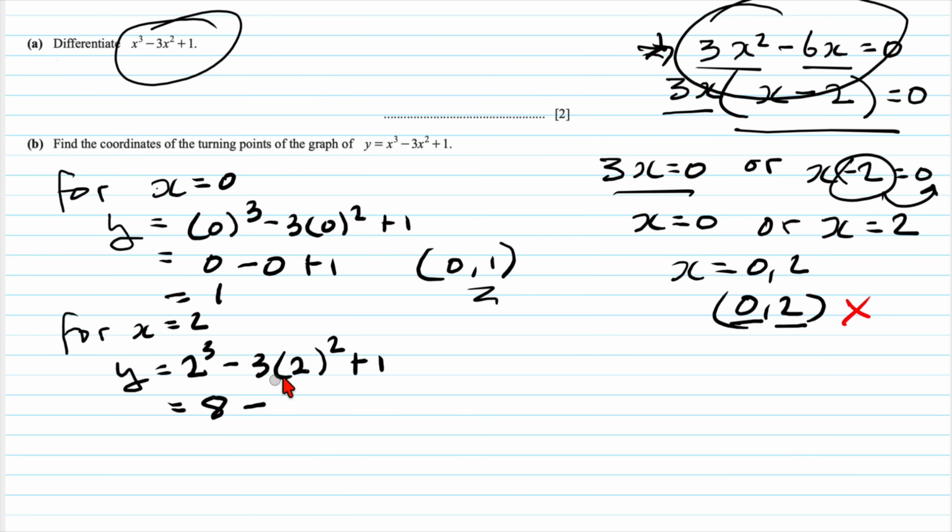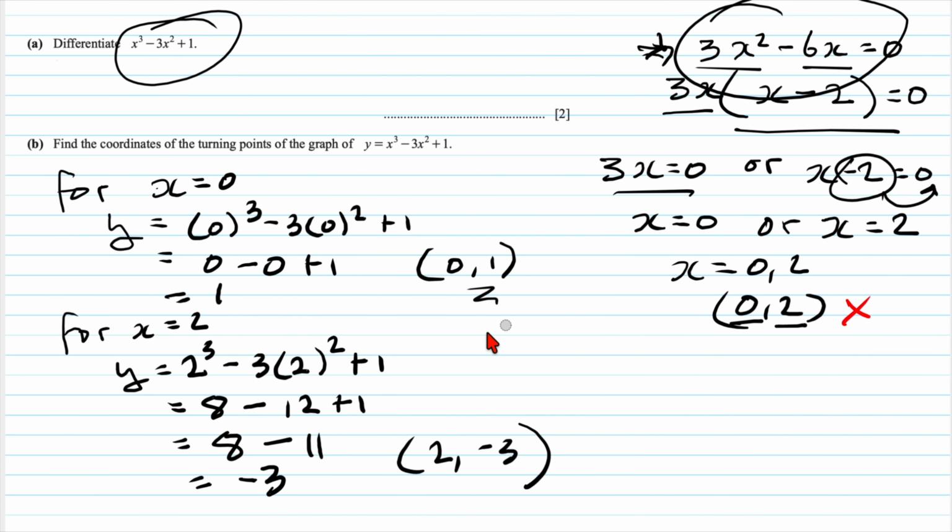So 3 times 4 is 12, plus 1. So what do we have here? 8 minus 12 plus 1 is minus 11? So 8 minus 11 is minus 3. So where x is 2, y is equal to minus 3. So these are the two coordinates we have.